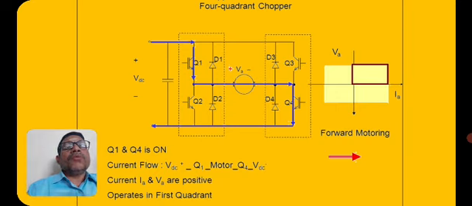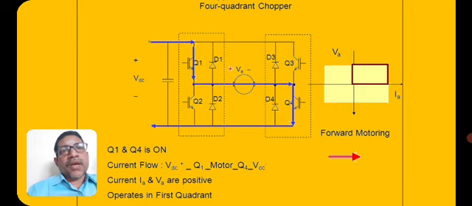From the positive through the transistor Q1, it passes through the armature and returns back through Q4 and reaches the negative supply. Now the right hand side of the armature is positive and the left hand side of the armature is negative. Hence, the direction of current is from left to right, and the voltage is positive on the right hand side and negative on the left hand side.